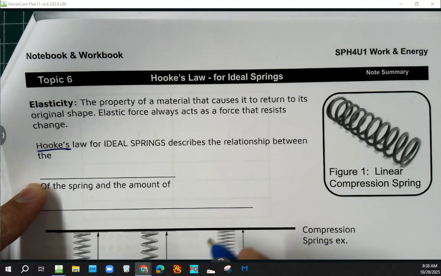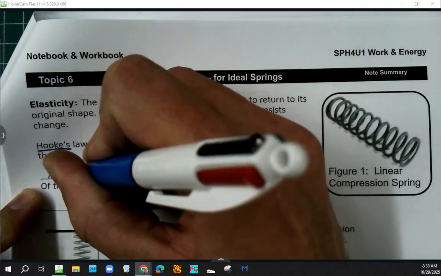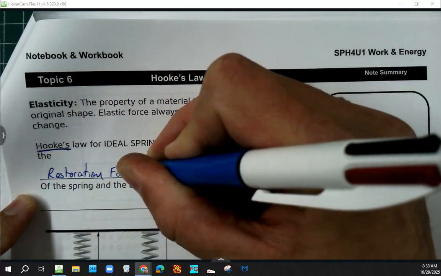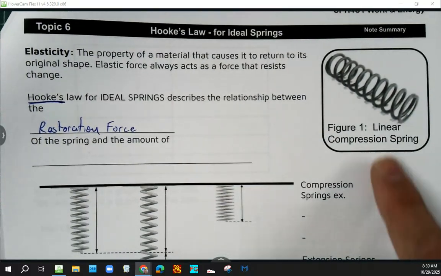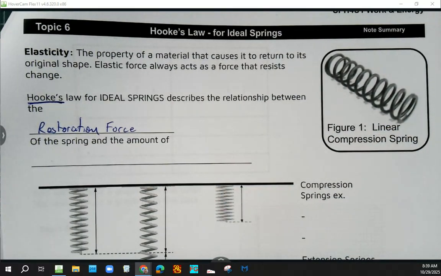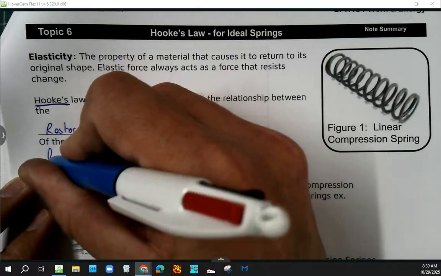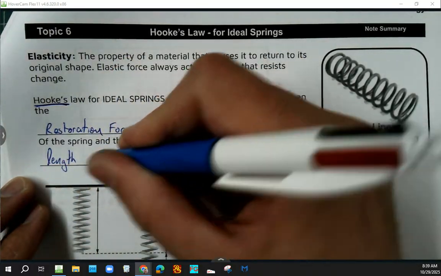And it governs the relationship between the restoration force, that is the force that is tending to bring the spring back to its original shape. And we got a picture of a spring there, just in case you didn't know what one looked like. This is a linear compression spring, and the amount of length that it has been distorted by.